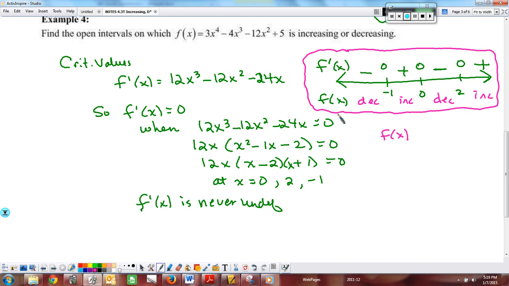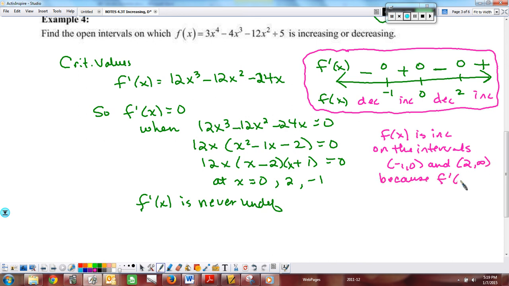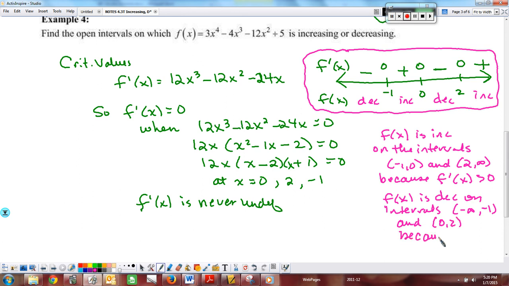It is your information, your organization, but you must answer the question. f of x is increasing on the intervals -1 to 0 and 2 to infinity because the derivative on that interval was greater than 0. f of x is decreasing on the intervals -infinity to -1 and 0 to 2, and our because is because the derivative was negative.